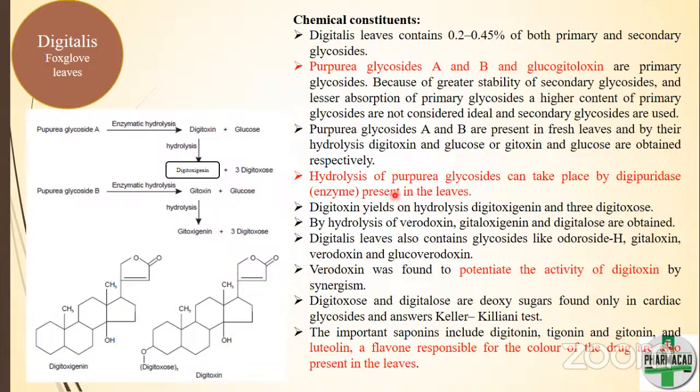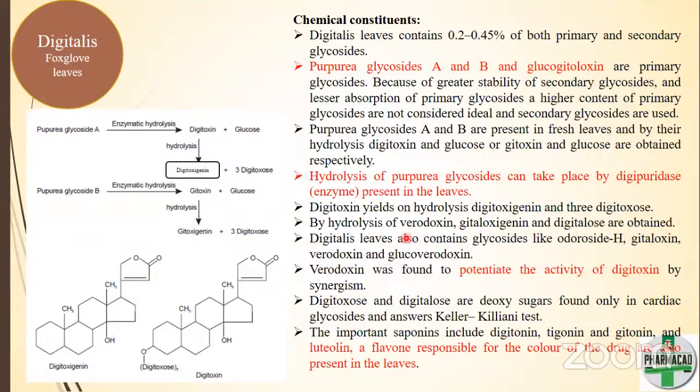Okay. So its hydrolysis will be enzymatic, and the enzyme responsible here is digipuridase. Okay, again I am saying this is your primary glycoside and digitoxin and gitoxin are your secondary glycosides, whereas digitoxigenin and gitoxigenin are the aglycones.